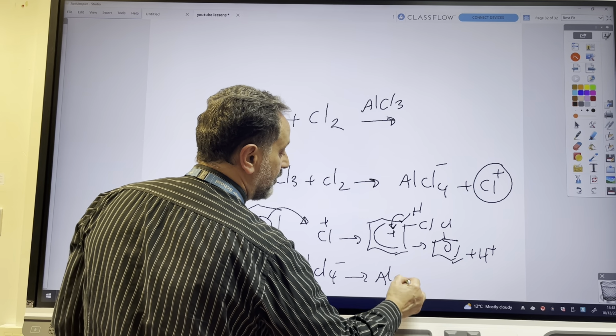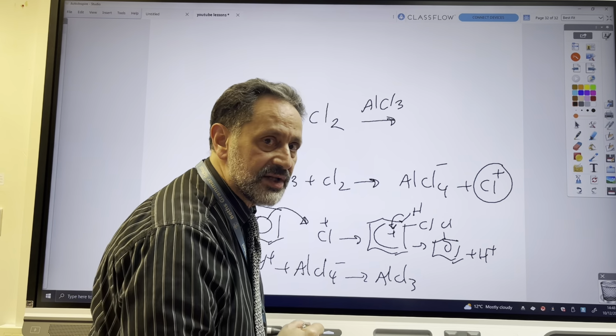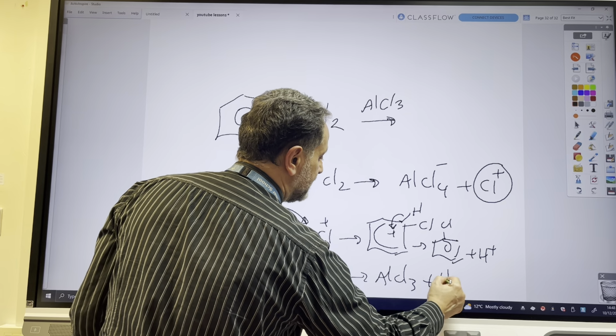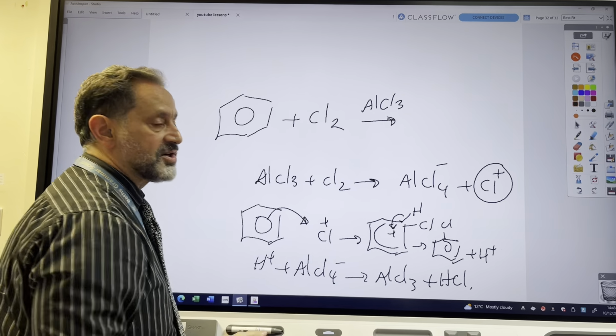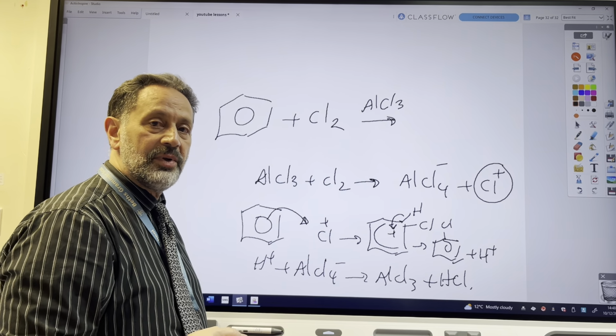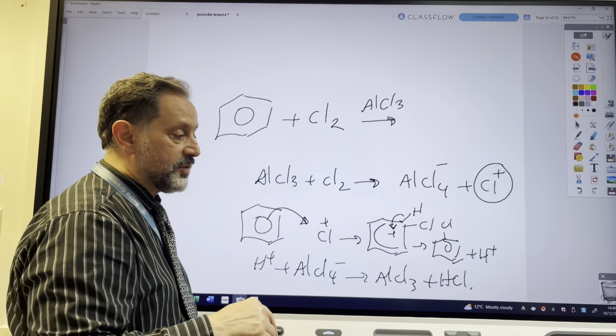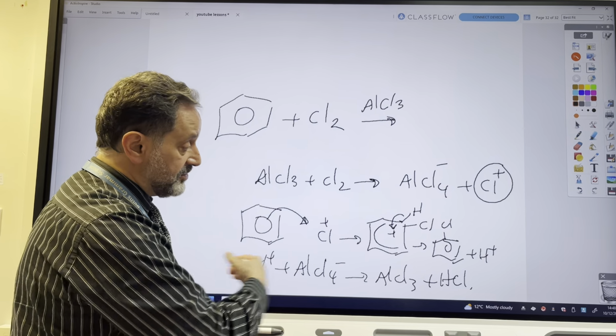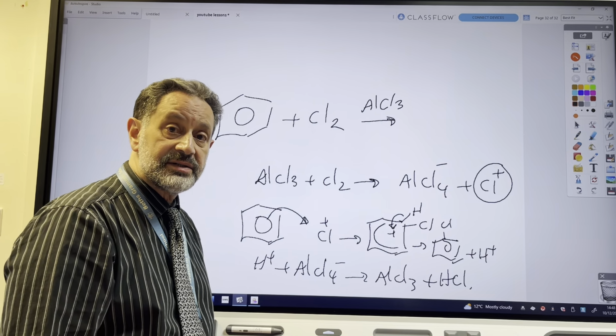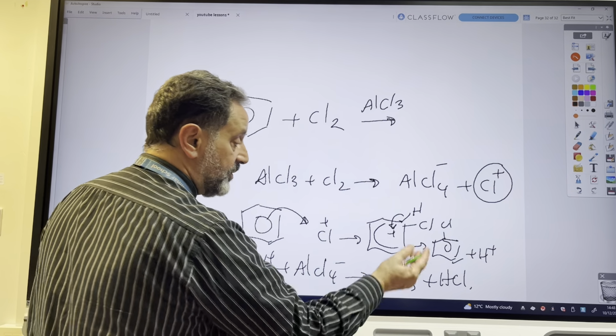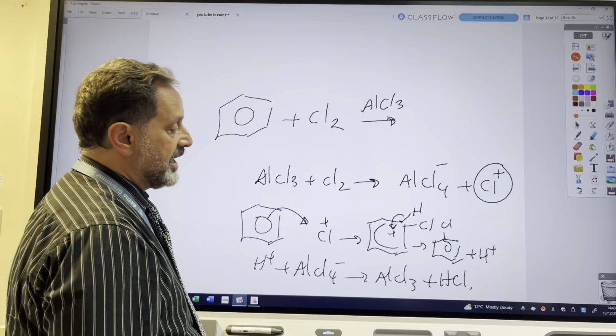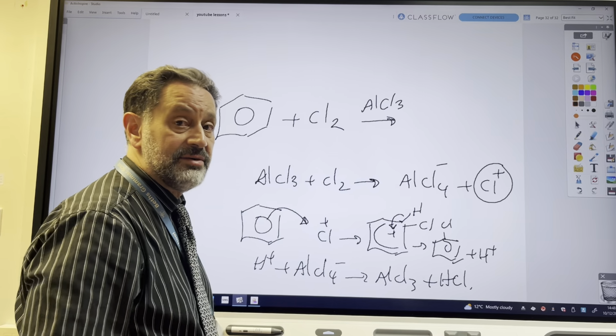Your aluminium chloride is retrieved, catalyst, remember, plus HCl. So if you do this reaction under basic conditions, for example, based on Le Chatelier's principle, HCl is removed and the reaction goes forward much faster. Because when you remove HCl from the right-hand side, the reaction is pursued. But you see the similarity in reaction mechanism?